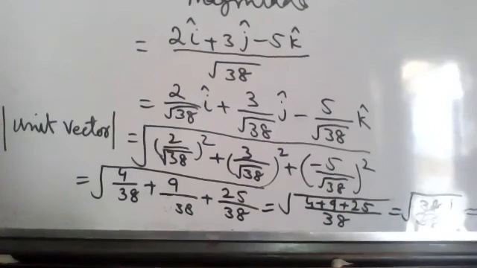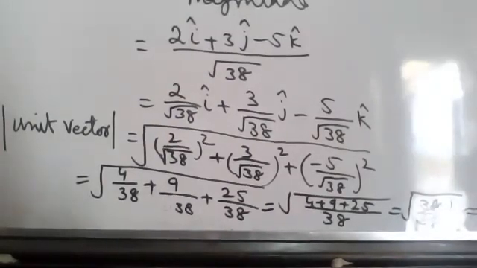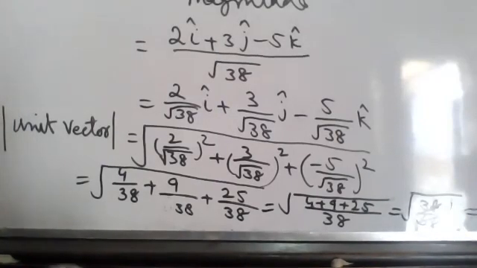Okay. Now we'll find the addition and subtraction of the vectors. Have you understood how to find the vector when the 2 points are given? Number 2, how to find the negative vector?